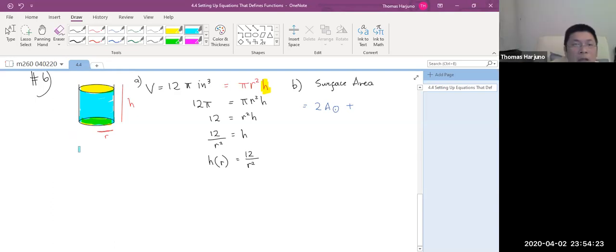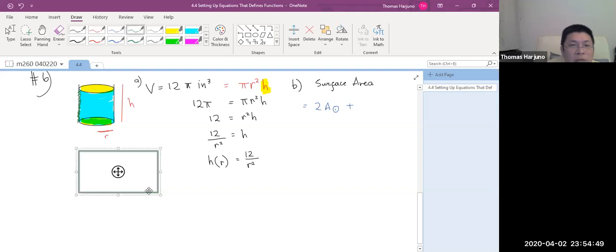The lateral area. Let me ask you to imagine: if I cut this cylinder here, and then I open it, what do you see? You will see a rectangle. Now, its width is the same edge here.